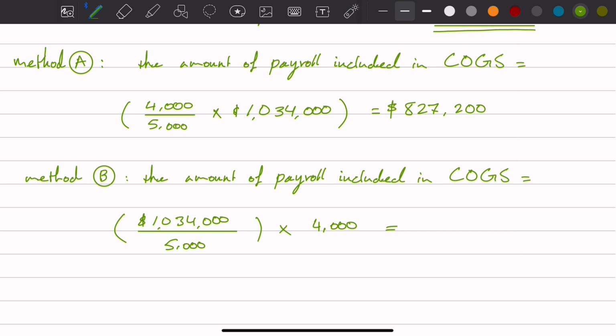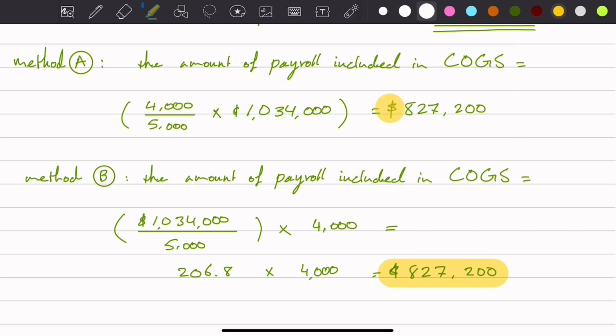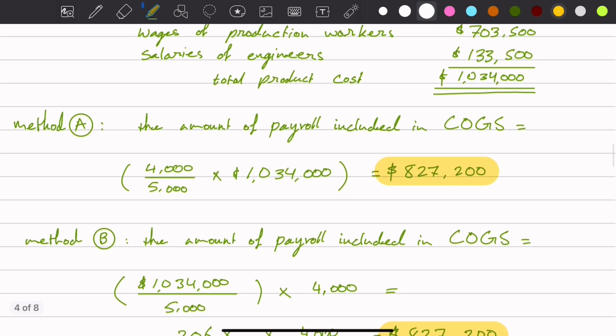That's $206.8, and then multiplied by 4,000. That's the same amount we found in the first method, which is $827,200. Okay, which is what is required by the question. As you can see, we got the same answer.